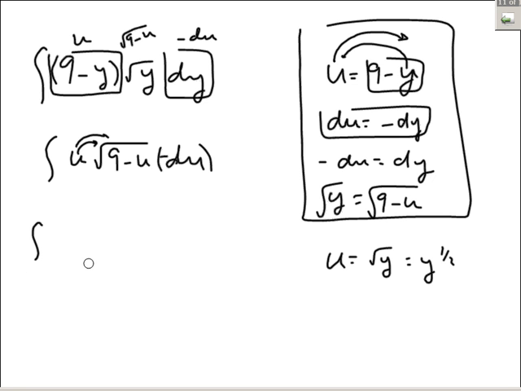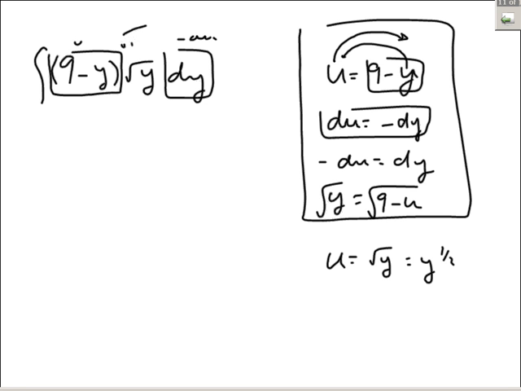So I claim. Now let's look to see what happens if u equals the square root of y. So then du will equal the derivative of this. You bring down the power, then you make the new power of y 1 less.